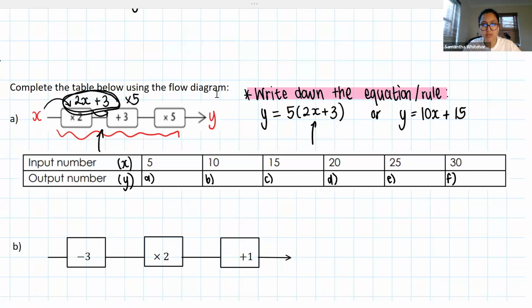I'm a little concerned at some of our substitutions or some of our working out. Remember, when in doubt, check with a calculator.